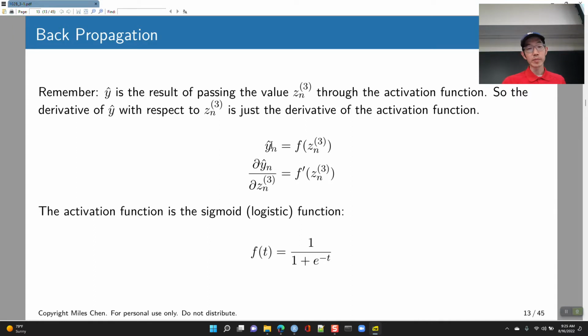I can just say y hat is equal to f of z3, then the derivative of y hat with respect to z3 is just f prime of z3. Okay, and I can just leave it like this. I can further expand that. If f is the logistic function, f of t is 1 over 1 plus e to the negative t, then what is the derivative of that?